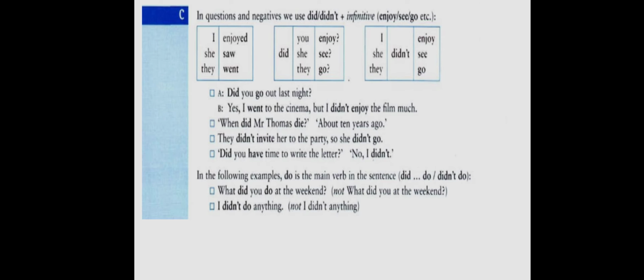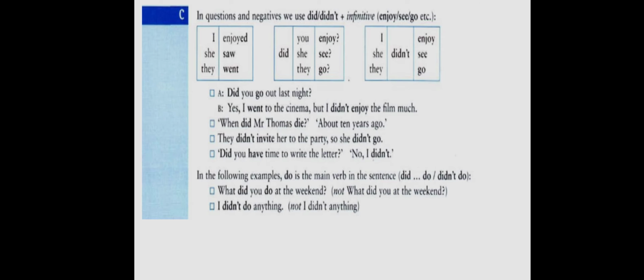In the case of negative, we use the subject at the beginning, then we use didn't, and then the verb enjoyed or the verb saw or went go back into their base form. So enjoyed becomes enjoy, saw becomes see, and went becomes go.